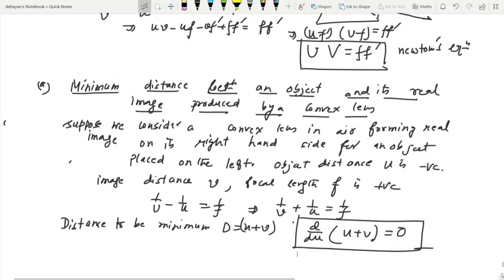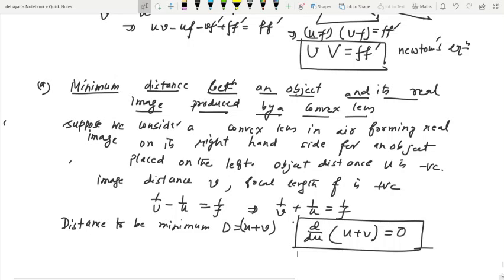Now, since the formula is 1 by v plus 1 by u is equal to 1 by f, if we differentiate it, we get minus 1 by u square minus 1 by v square dv by du, and the focal length is constant, so it is 0.